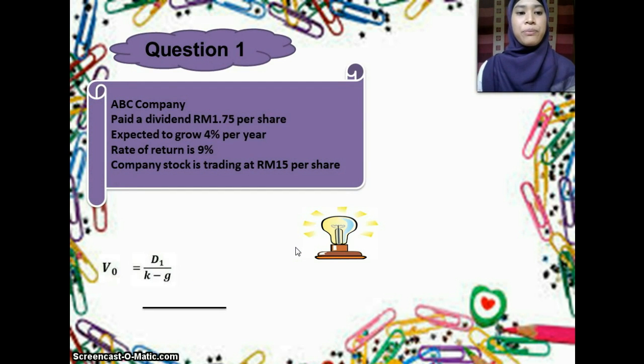ABC company intends to pay a dividend of RM 1.75 per share and is expected to grow 4% per year, and the rate of return is 9%. Currently, ABC company stock is trading at RM 15 per share. So we can calculate the value of the stock. This is the formula: V0 equals D1 divided by k minus g.